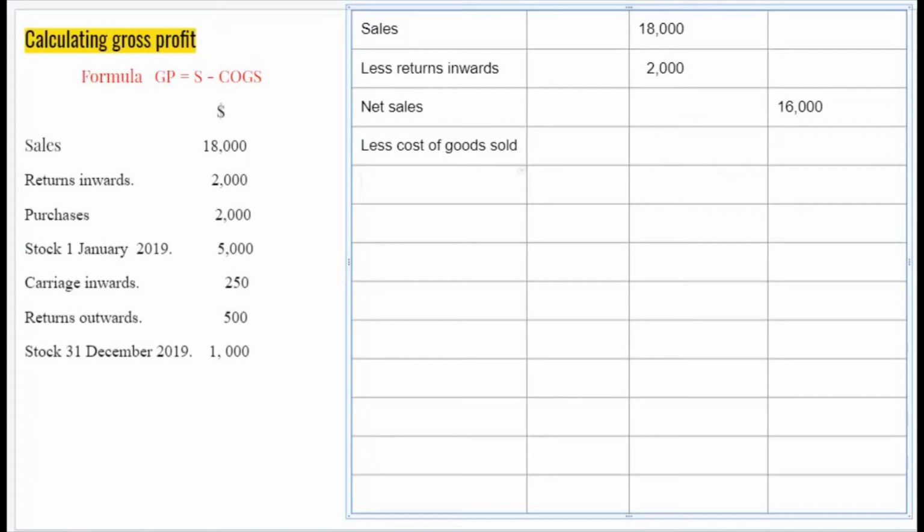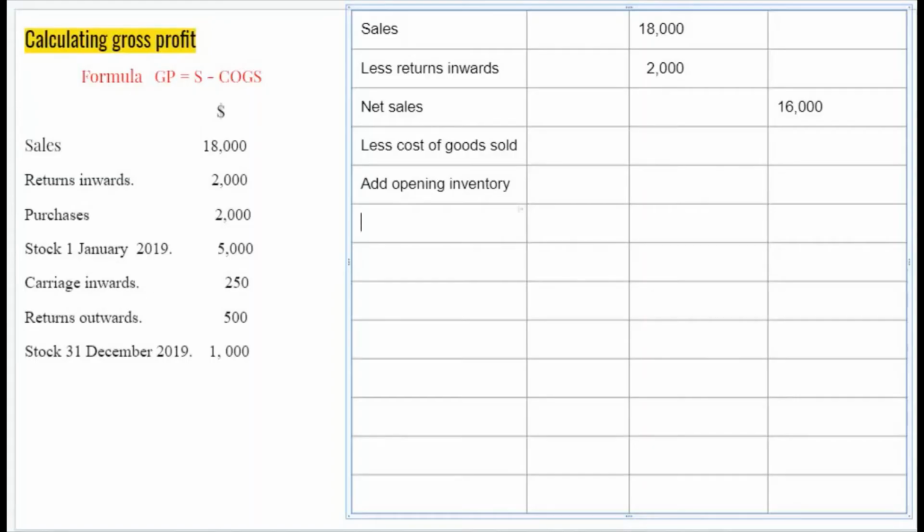So if you check back here in our scenario, you realize that we have 2 stock. We have stock at January 1st 2019, and we have stock at December 31st 2019.